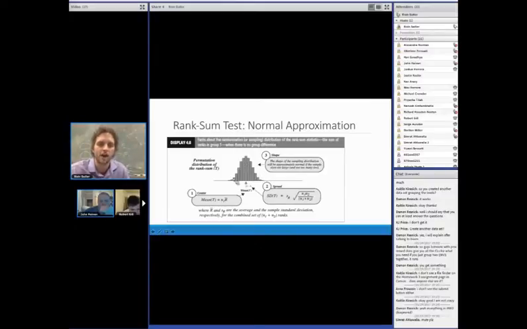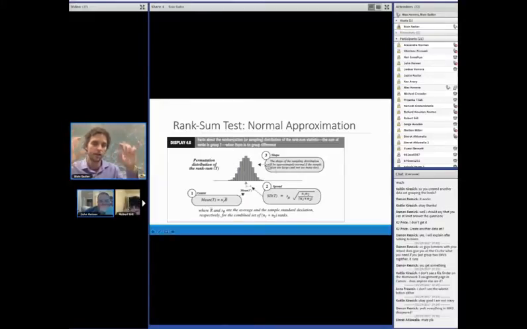It's really important to me that you understand how this distribution is being built. We scramble the labels, rank the observations, pick one of the labels, say new method. There's new method and old method, so you scramble the new method, old method labels, then order the values, rank them, count the ranks of one of the groups, grab that test statistic, and do it again and again.